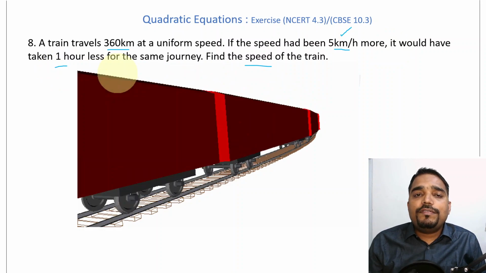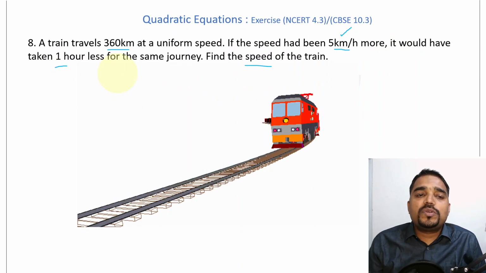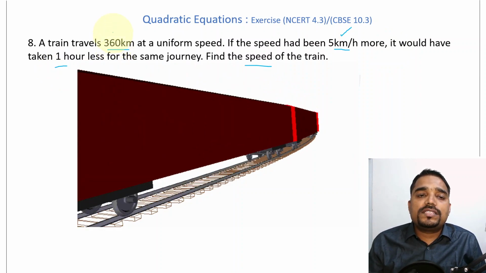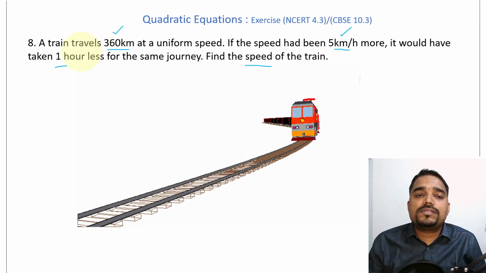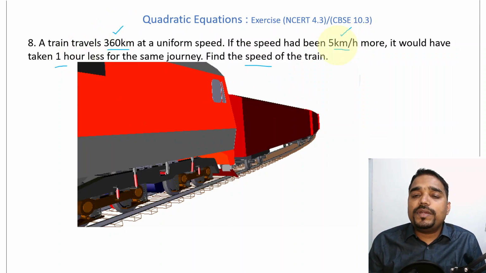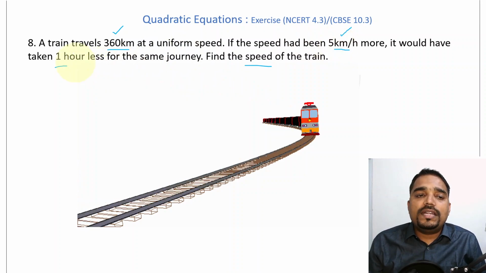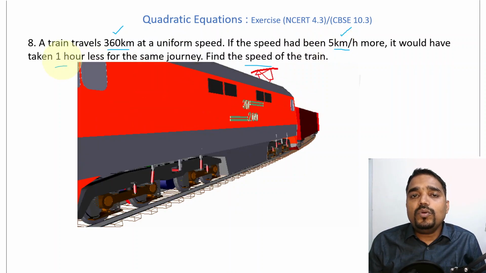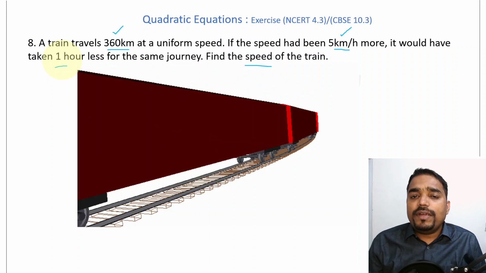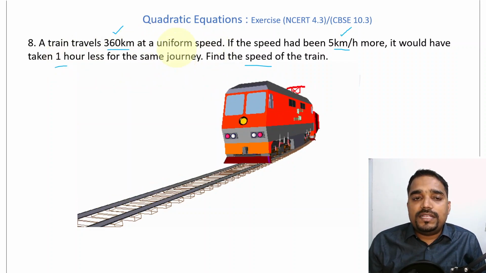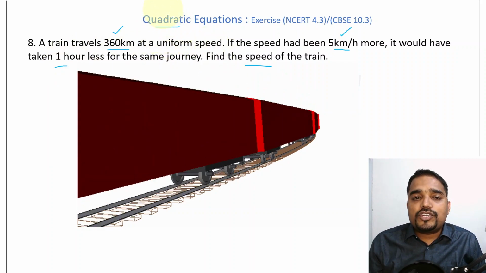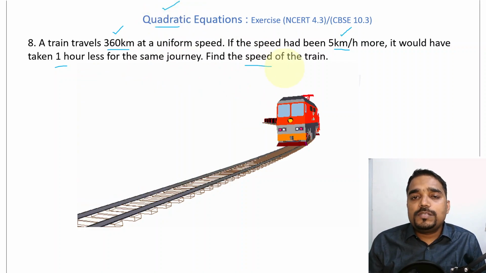That is, if the train is moving at a higher speed, it should take a lesser amount of time to cover the same distance of 360 kilometers. In this case, if the speed is 5 kilometers per hour more, it is taking 1 hour less. So, to find the speed of the train, we have to satisfy these conditions, build a quadratic equation, and then solve it to find the speed of the train.